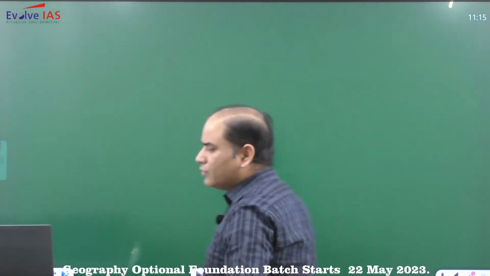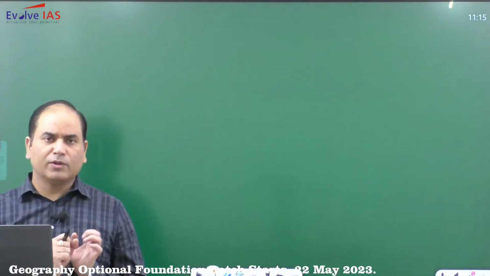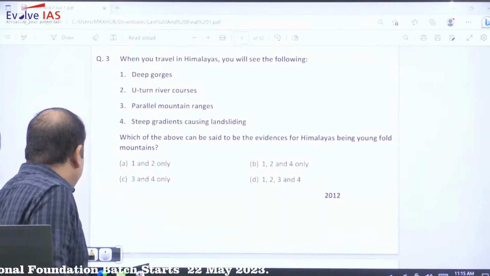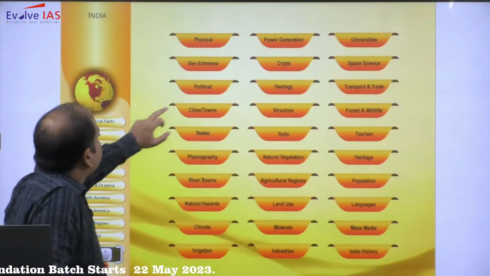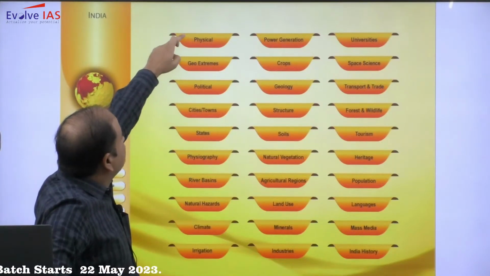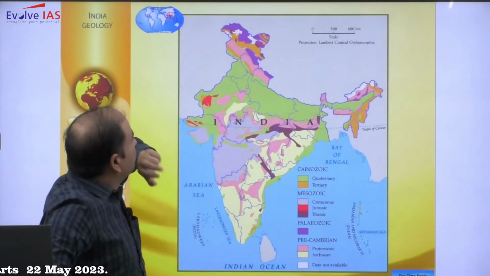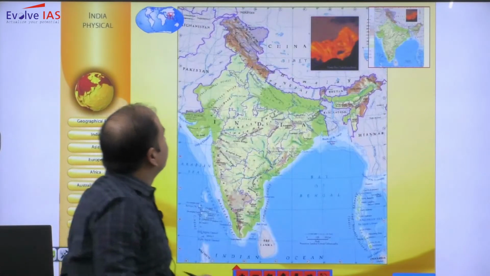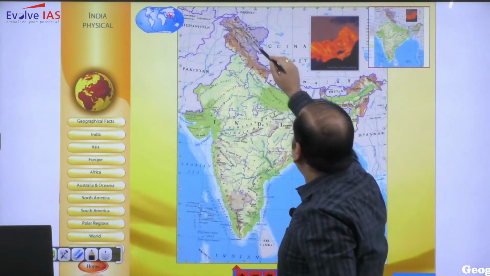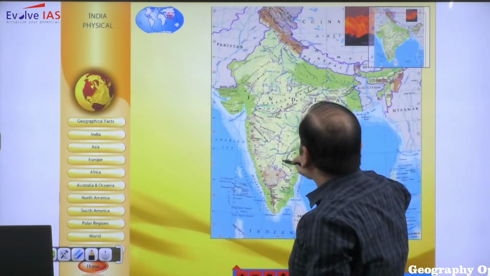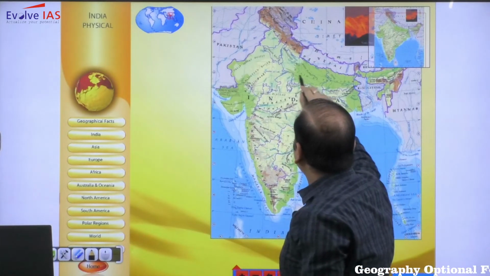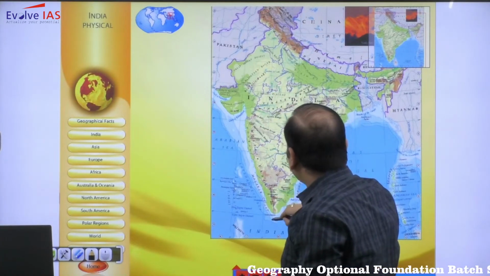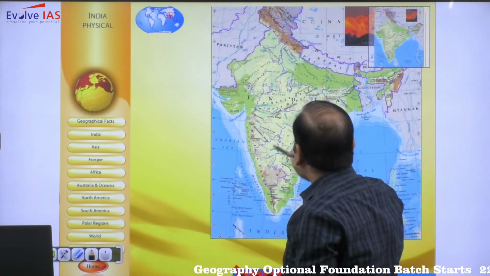as far as the physiography of our country is concerned, if you look at the physiography of our country, you will find we have the Himalayan mountains in the north, then in the south we have the peninsula, we have the northern plain, here we have particularly the western coast, here we will have the eastern coast.